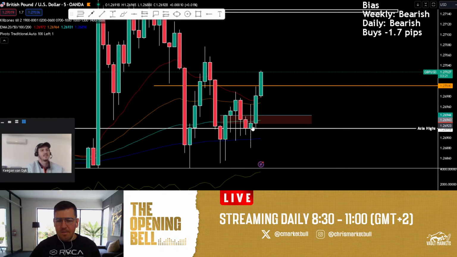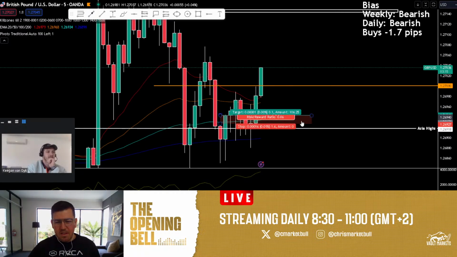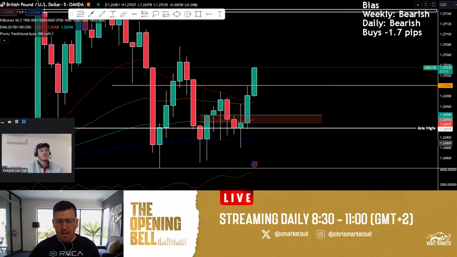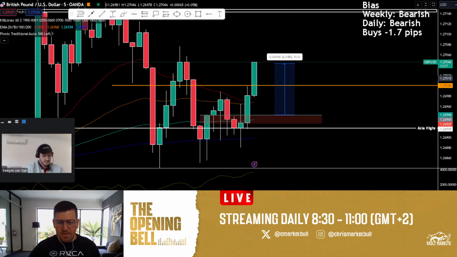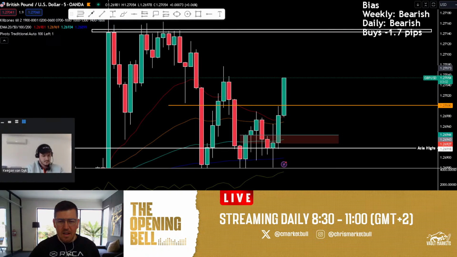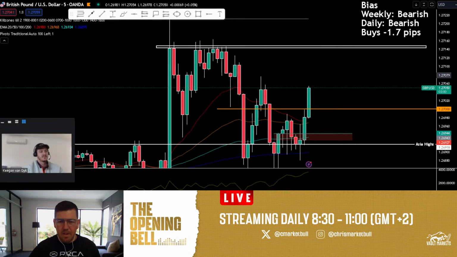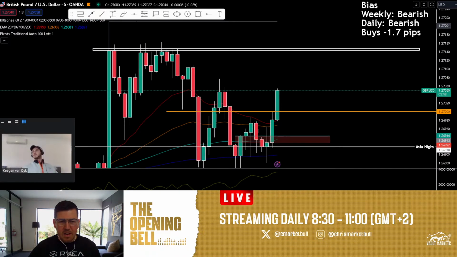Alright guys, so there it goes. Like I mentioned, as it was squeezing, it can break out either way. If you are still in the trade, it's running about 10 pips, broke through that 12700. I would say the likely area to monitor the trade would be at the session highs.